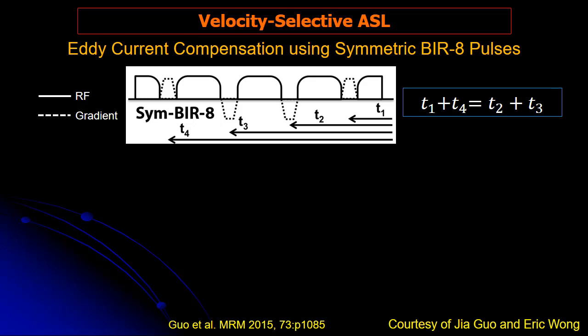So there are some further optimizations of this from the conventional velocity selective saturation pulses. And one of the main constraints of the velocity selective ASL is the gradient effect.